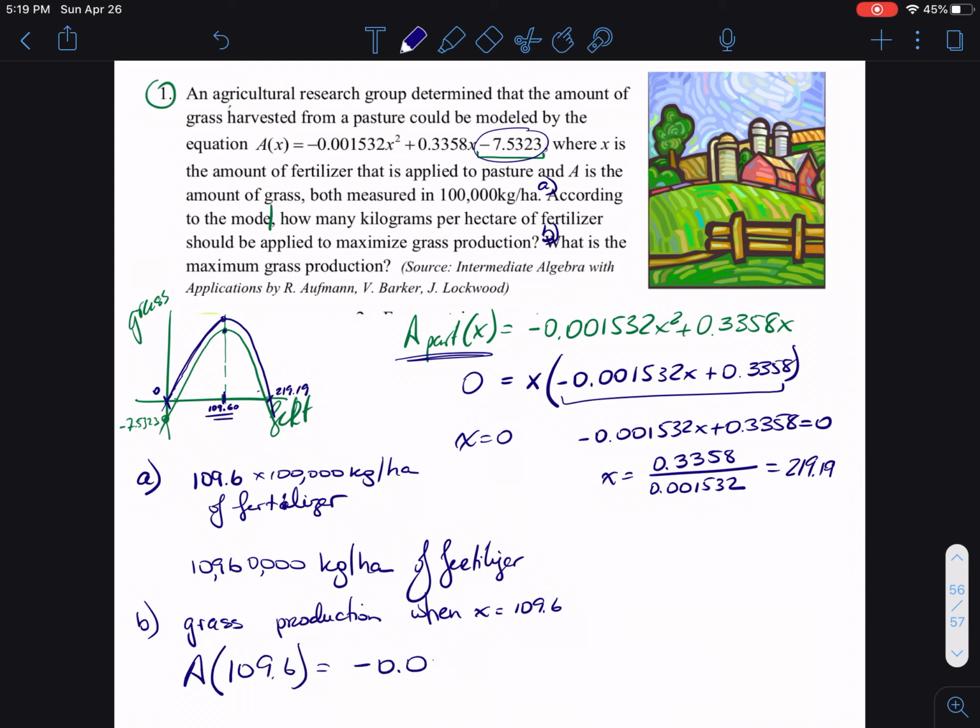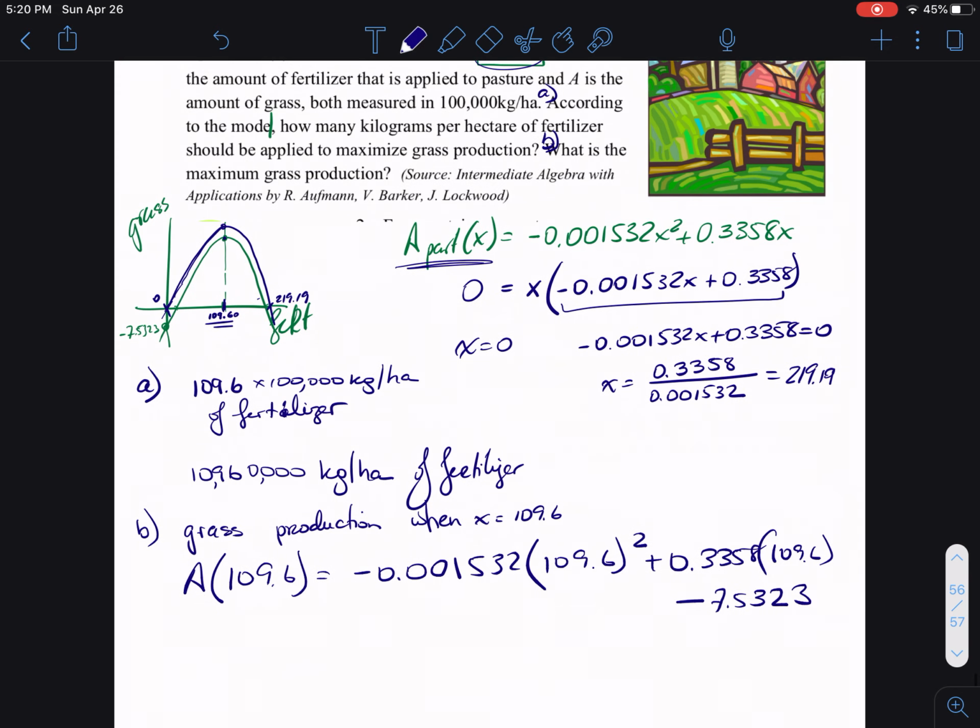So negative 0.001532 times 109.6 squared, plus 0.3358 times 109.6, minus 7.5323. Okay. And then you can use your calculator to figure out what that is.